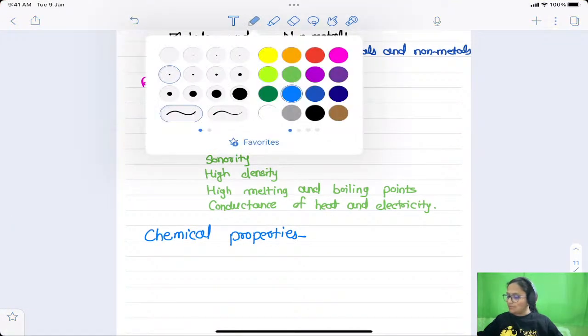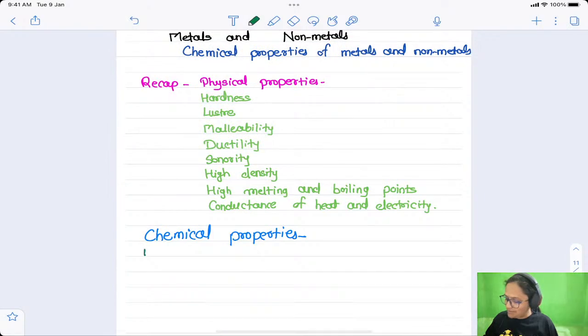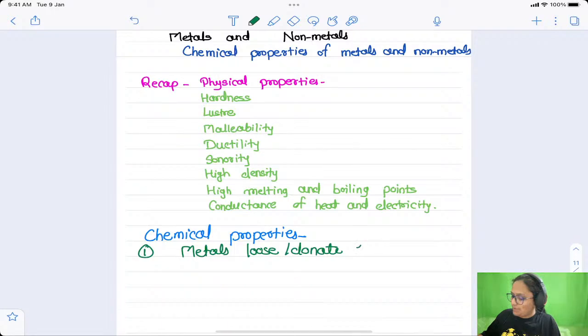So the first chemical property is: metals lose, or donate, 1, 2 or 3 valence electrons.